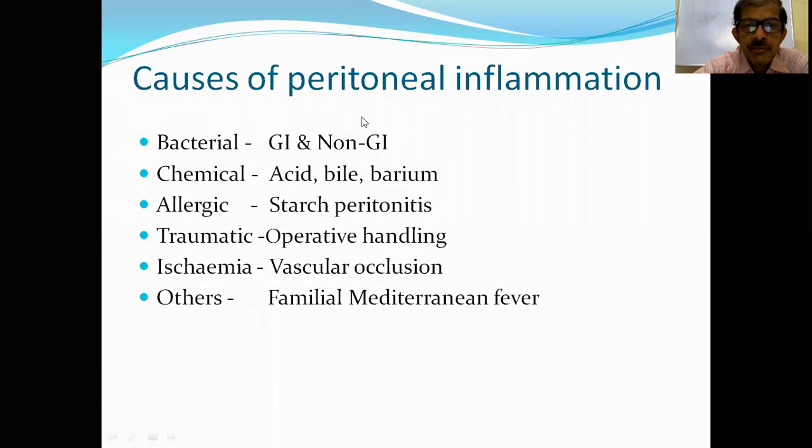And sometimes, not knowing the perforation, barium is given, particularly a barium enema, and it may cause perforation of the colon. So this will lead to chemical peritonitis, either acid from the stomach, bile from the biliary tract, or barium that is injected.